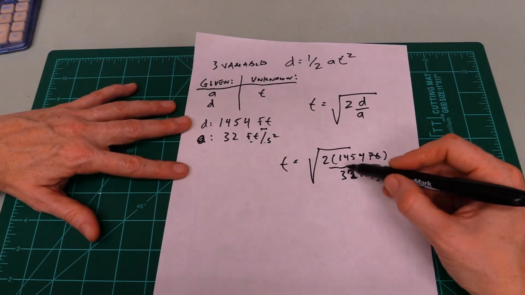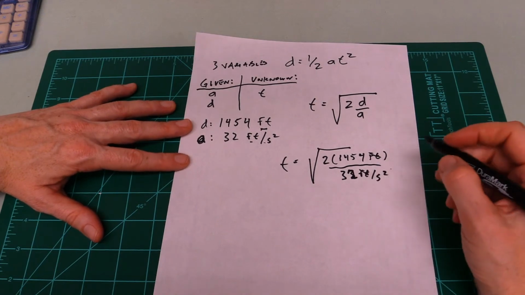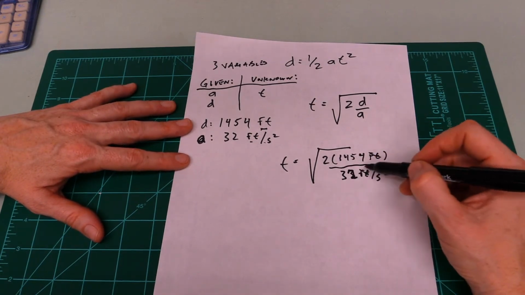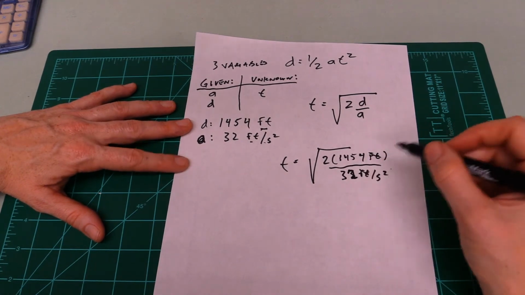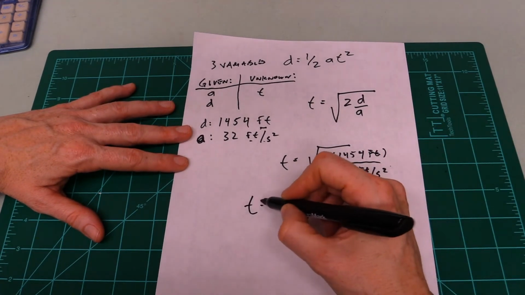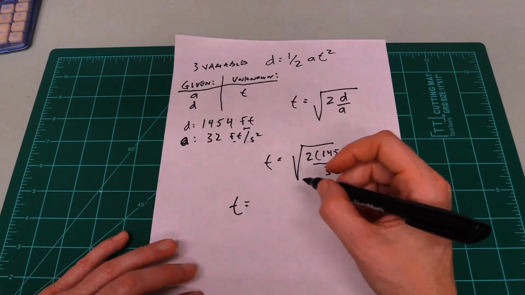All right, and then when we do the math, in the book basically it converts 32 feet per second squared to 16, it does this inverse fraction, and what do we get here? We get t squared.